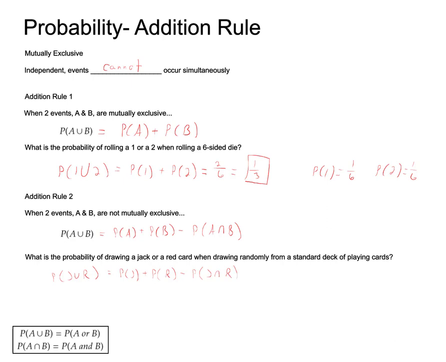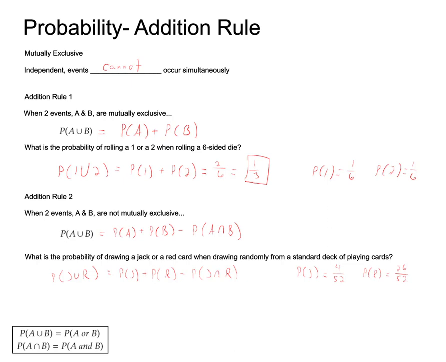So the probability of a jack is 4 out of 52 in a standard deck of cards because there are 4 jacks in a 52 set of cards. The probability of a red card is going to be 26 out of 52 because half the cards are red and half the cards are black.